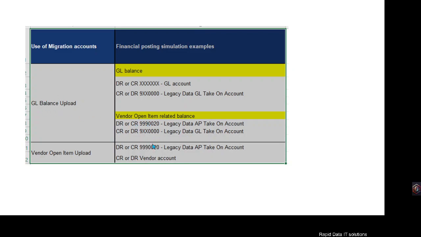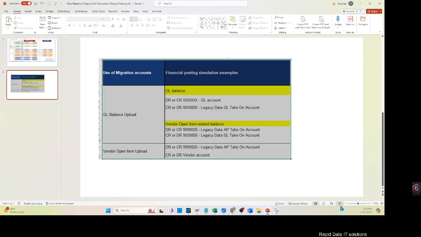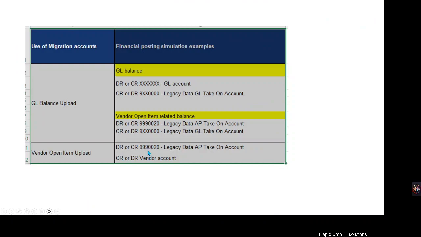So with this, what will happen? This line and this line will cancel out each other, and it's the same account anyway. Then the actual line items would be visible through these lines here, the vendor account lines. These are the actual open items of the AP side.